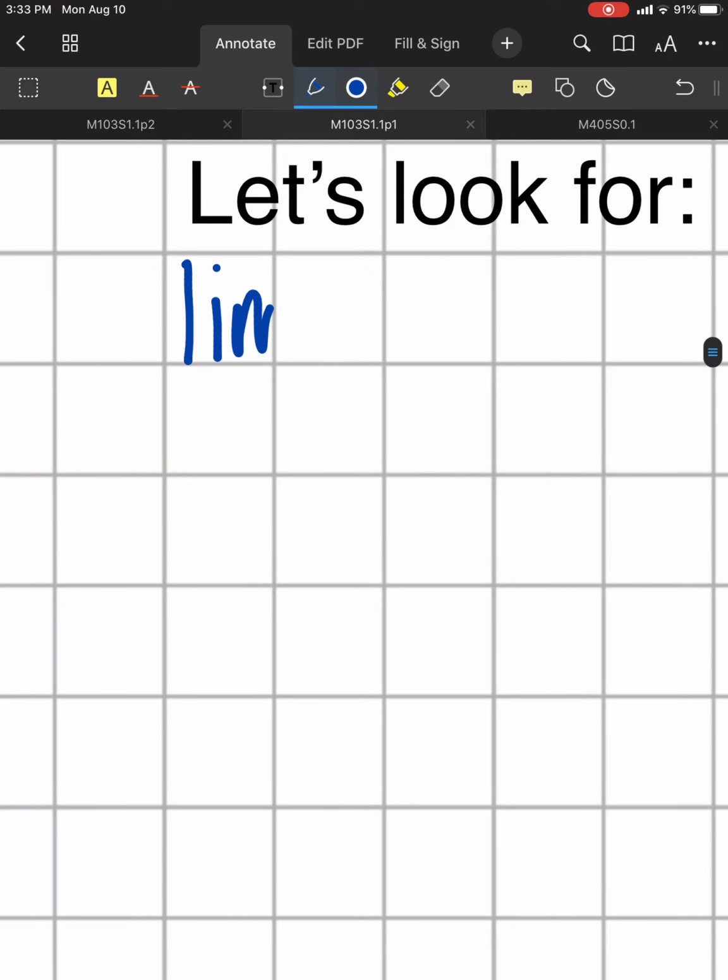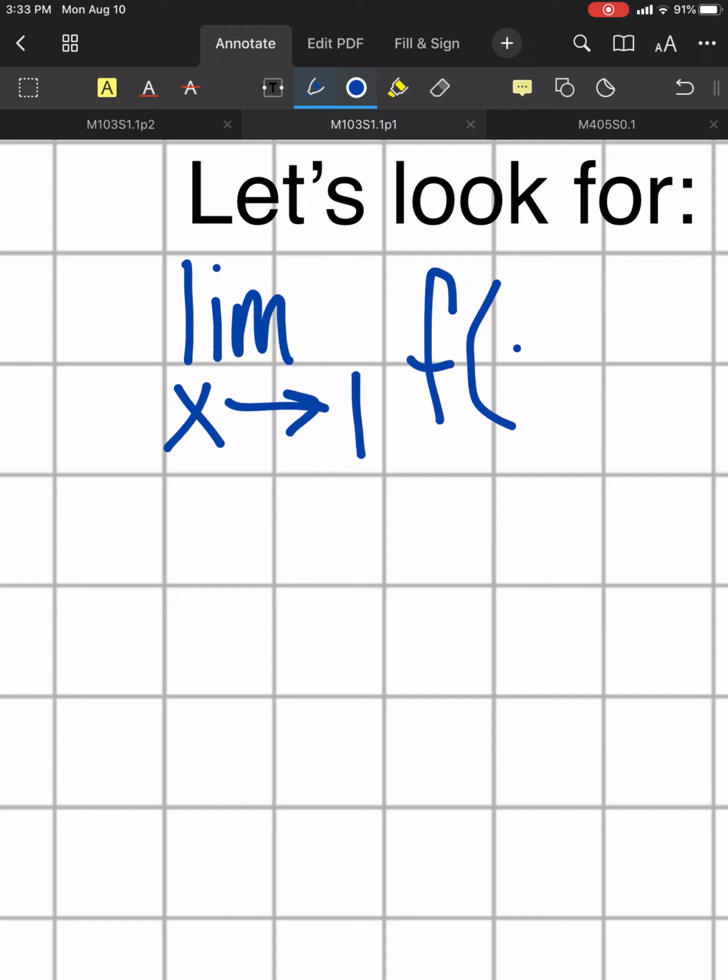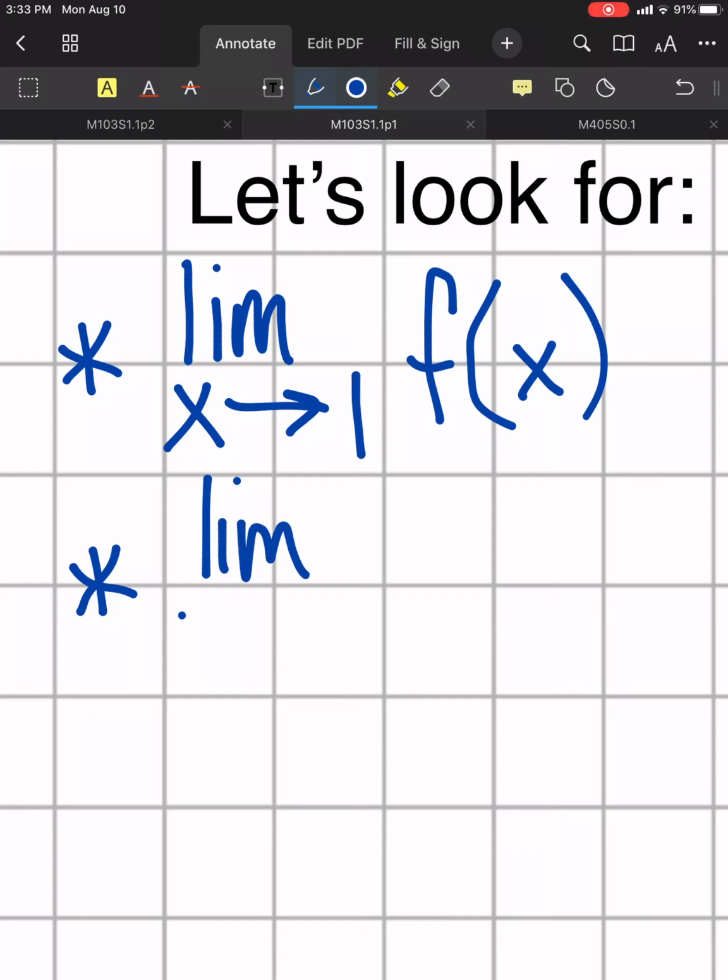The limit as x goes to 1 of f(x). That's the first thing I want us to look for. And the second thing I want us to look for is the limit also as x goes to 1, but this time of g(x).